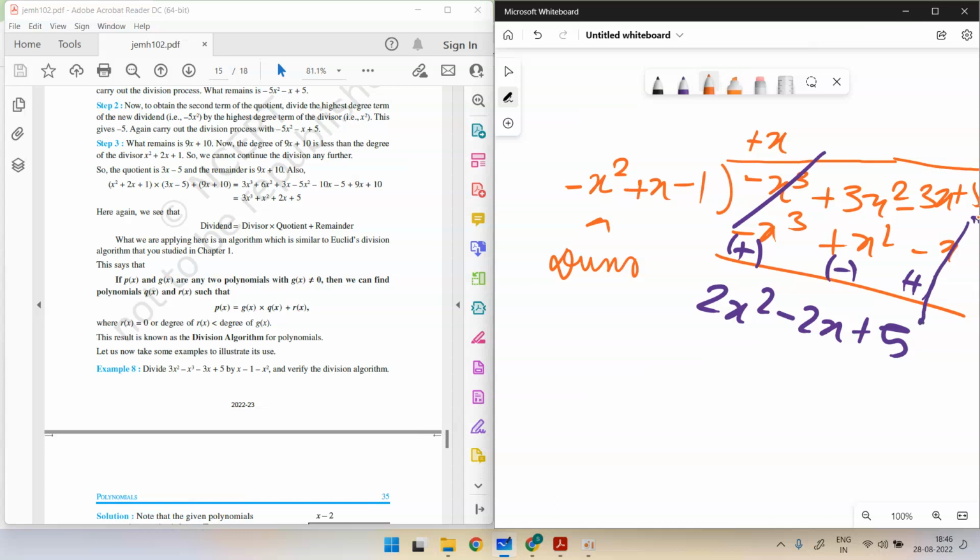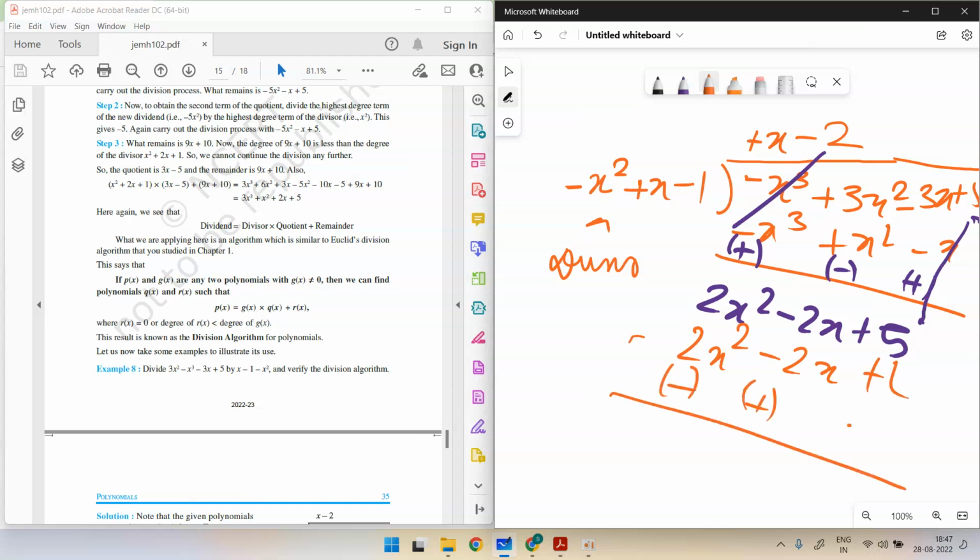Now for minus 2x square to become plus 2x square, this will have to be multiplied by minus 2. So minus 2 will become minus 2x square and minus 2x plus 2. Now if you subtract this, this becomes minus, this becomes plus, and this becomes minus. This will cancel, this also becomes cancelled, and here you will be left with 5 minus 2 is 3.